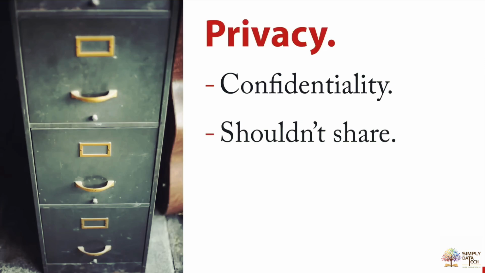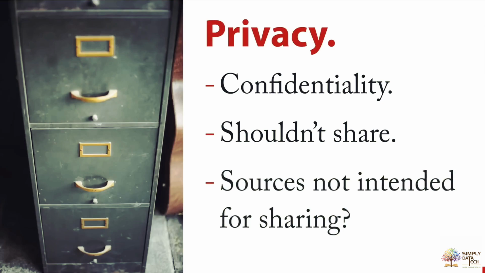Now, one of the reasons this presents a special challenge in data science, because we'll see later, a lot of the sources that are used in data science were not intended for sharing. If you scrape data from a website or from PDFs, you need to make sure that it's okay to do that, but it was originally created without the intention of sharing. So privacy is something that really falls upon the analyst to make sure they're doing it properly.